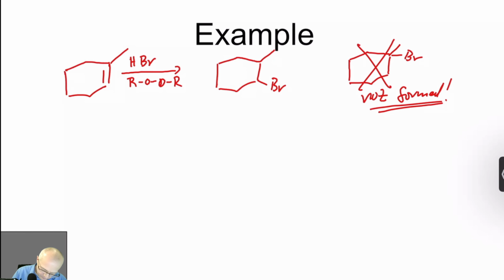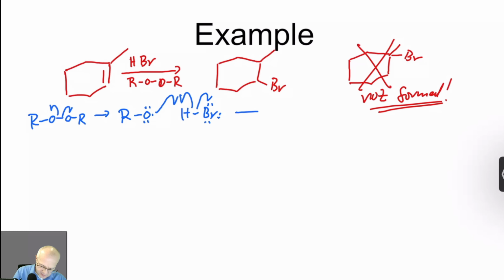Okay. First step. Homolytic cleavage of the peroxide. And then HBr gets attacked, extracts the hydrogen off of the bromine, and you get the Br radical. This is the initiation step. Get everything rolling. Get that bromine radical generated.